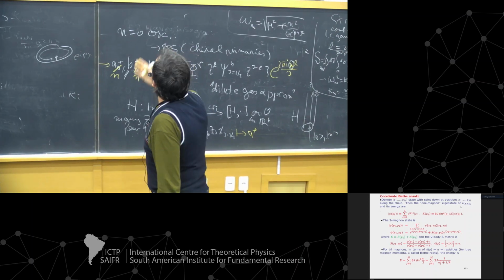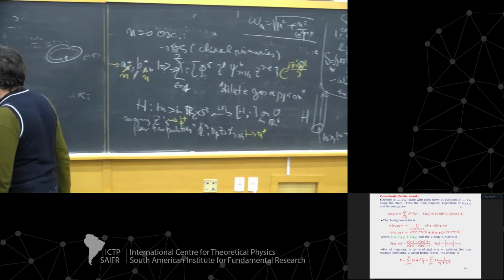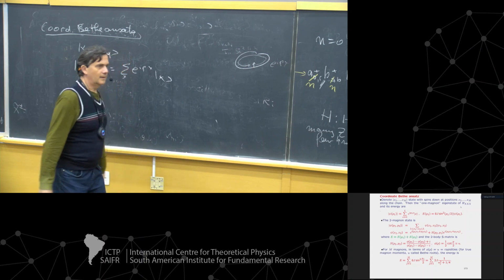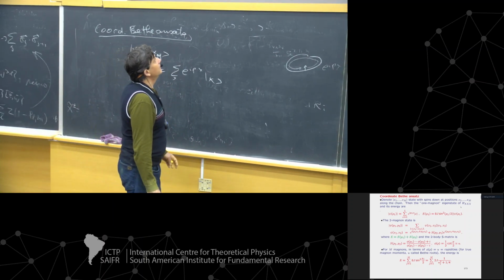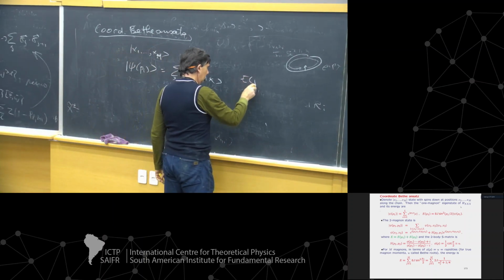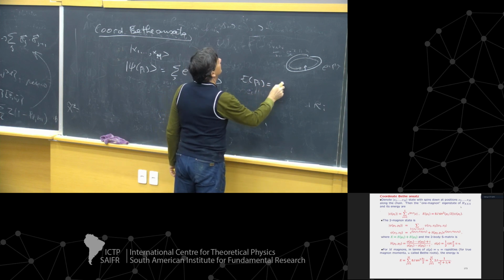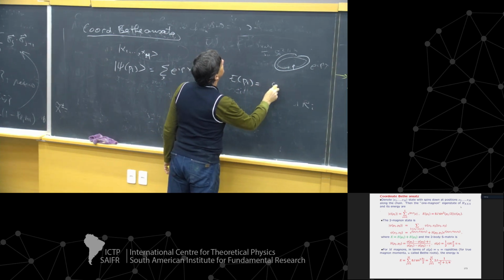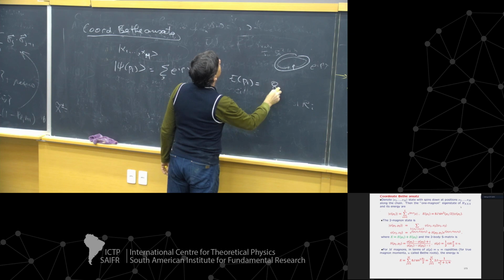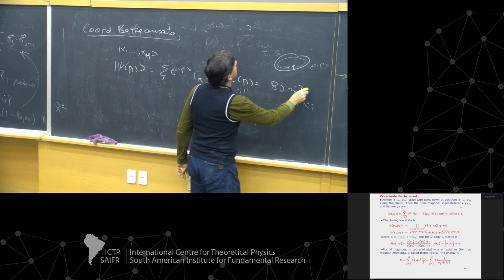And you can calculate its energy from the Hamiltonian. I mean, first you see that it's an eigenstate, then calculate its energy, and you find that the energy is sine squared of p, so 8J sine squared of p1 over 2.